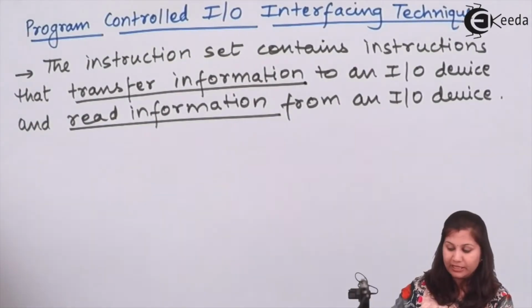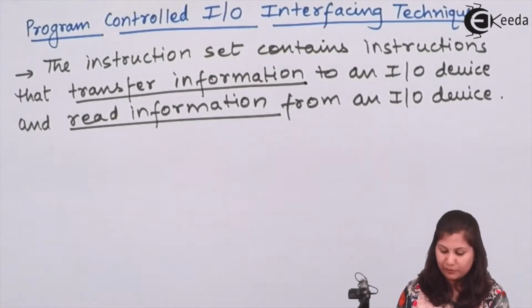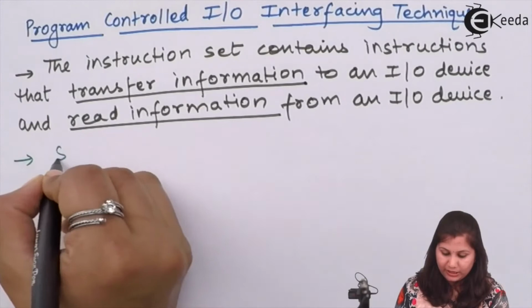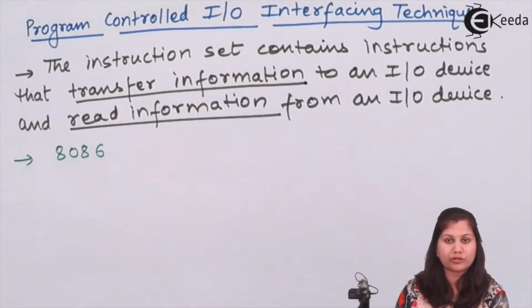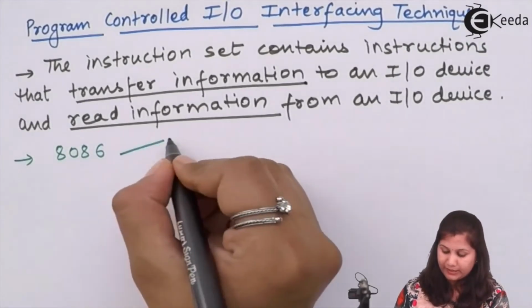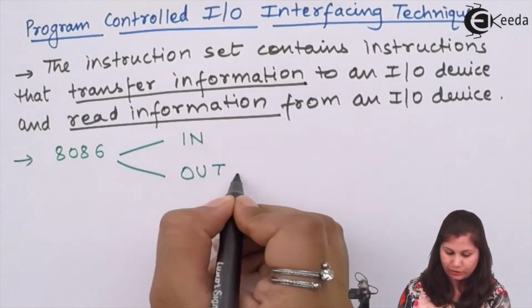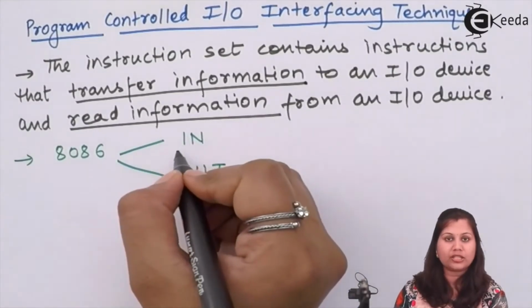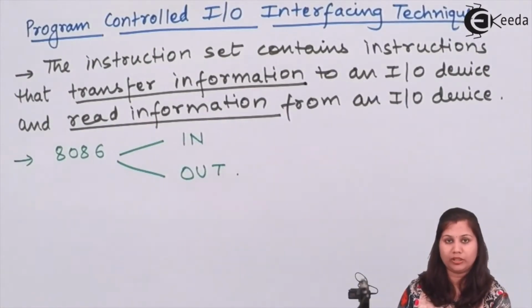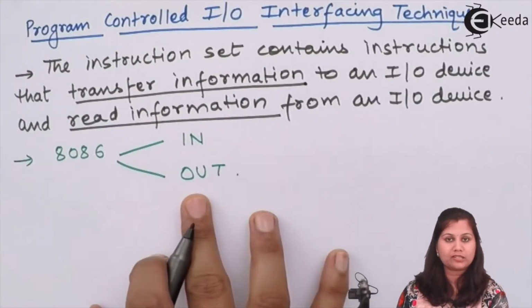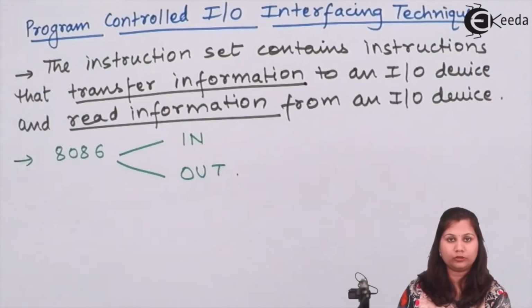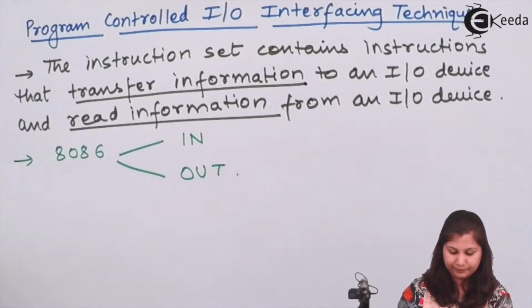Now here we are studying the 8086 microprocessor. So 8086 has two instructions for this purpose. One is the in instruction and second is the out instruction. In instruction receives the data from the input device, and out instruction sends the data to the output device.